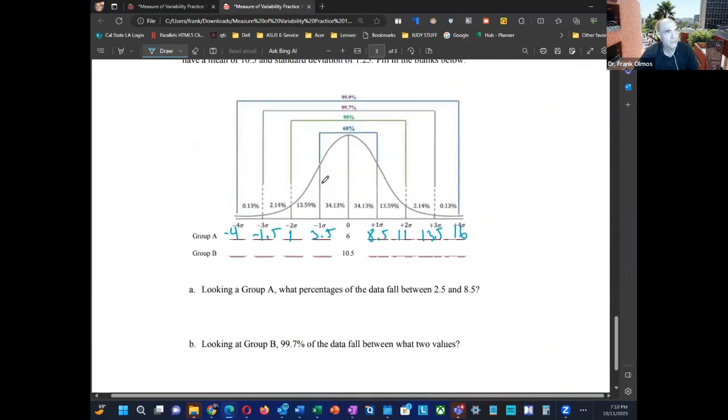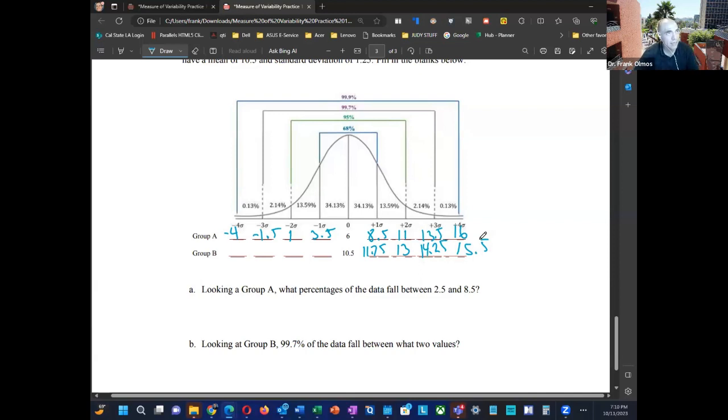So I add 1.25 to 10 one time. I get 11.75. I add another 1.25. It gives me 13. Another one, it gives me 14.25. And then I add another 1.25. It gives me 15.5. Anything above the mean, you add. Anything below the mean, you subtract.